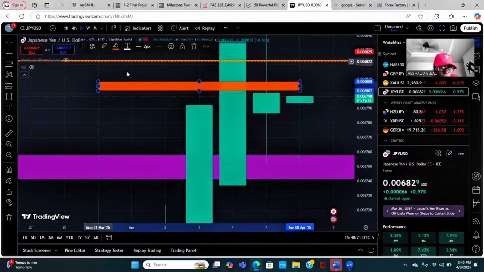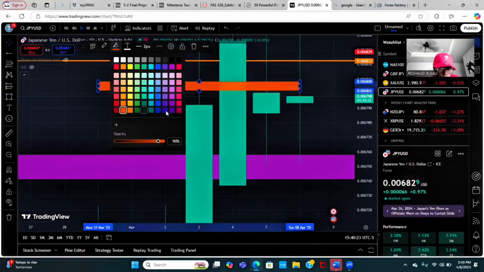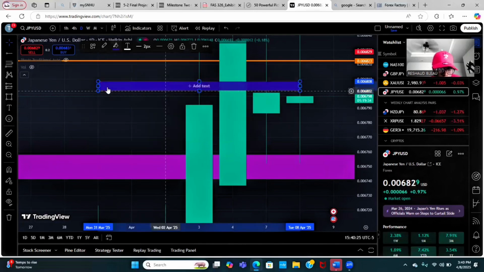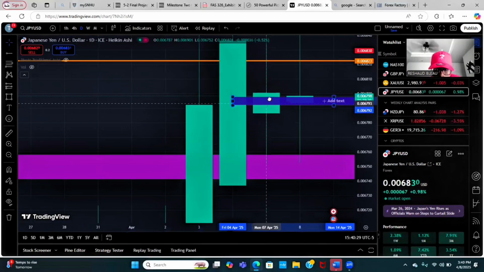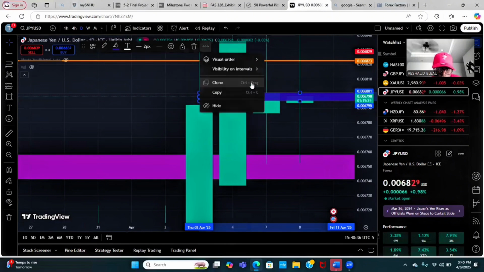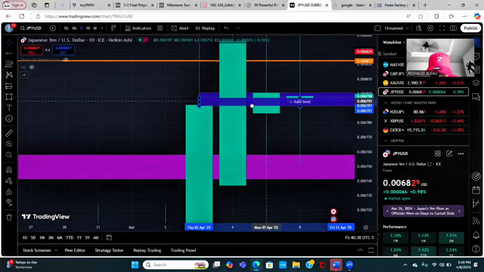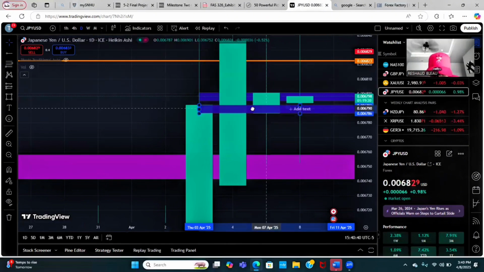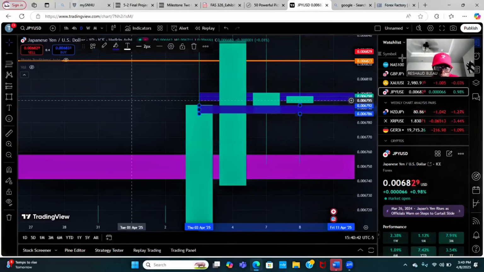All right, we're gonna change this to blue. Let's adjust it a little bit. All right, so this is the open. This is the close.